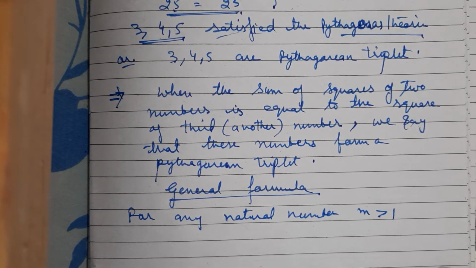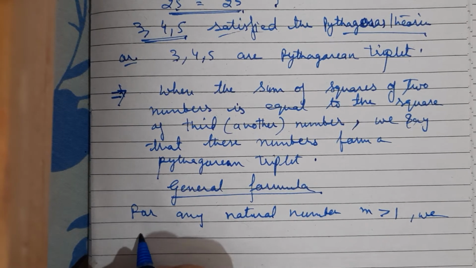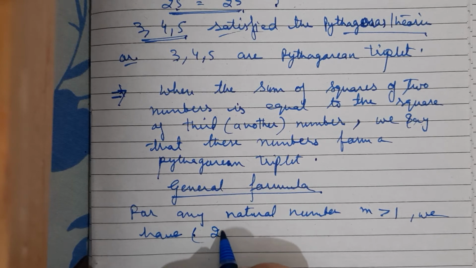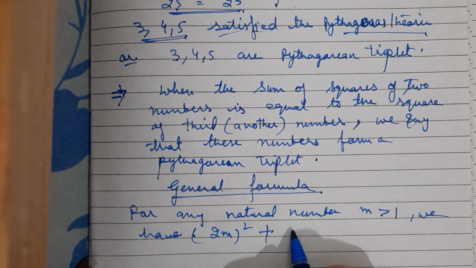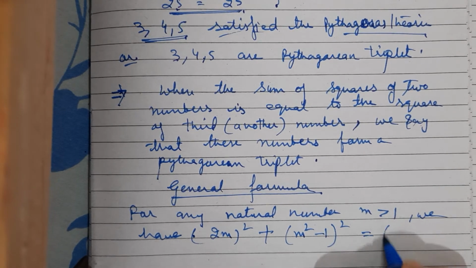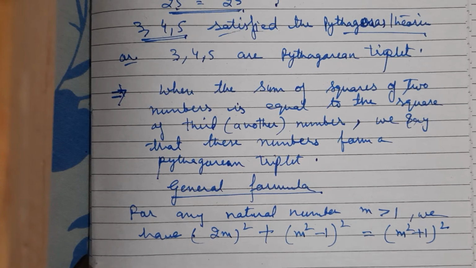So that number should be greater than 1. We have (2m) square plus (m square minus 1) whole square is equal to (m square plus 1) whole square.